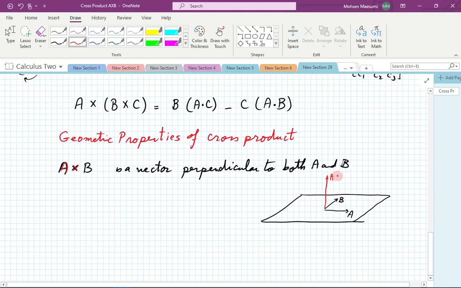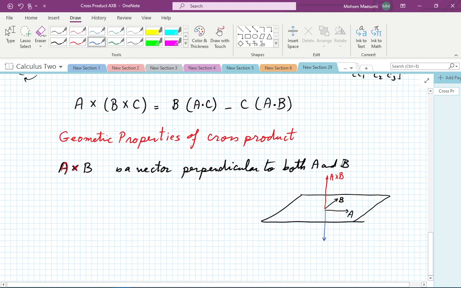So A cross B is going to go in that direction. That's one standard way of finding a vector perpendicular to a plane if you have two vectors sitting in that plane. Those of you who are paying close attention notice that perpendicular to a plane can go in two opposite directions, red and blue. Which one of them do you want?